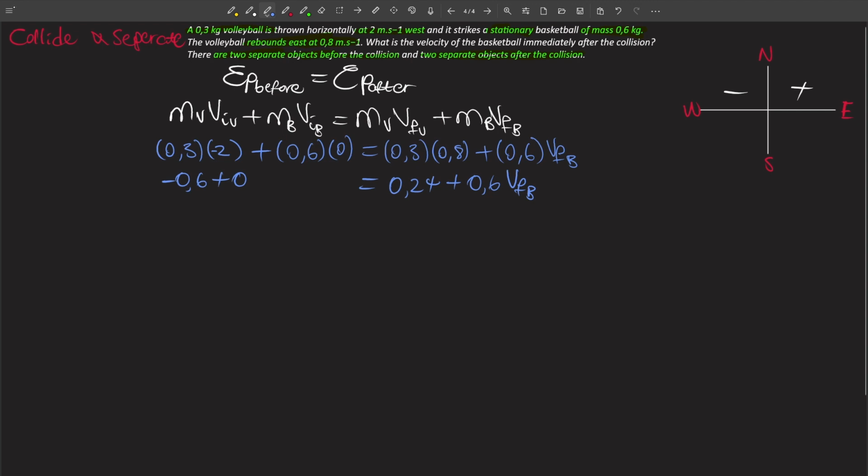And now when I transpose this to this side, I will have minus 0.84 equivalent to 0.6 final velocity, which is therefore equivalent to a final velocity of minus 1.4 meters per second. Because it's negative, it's west. And this concludes our lesson.